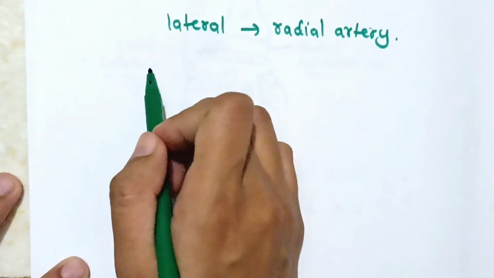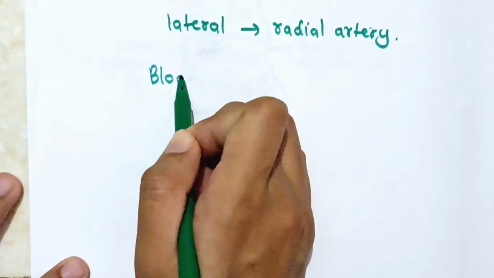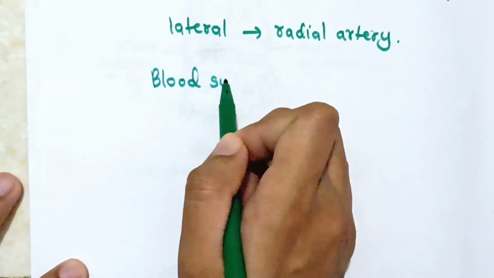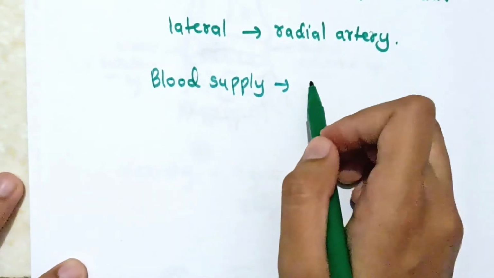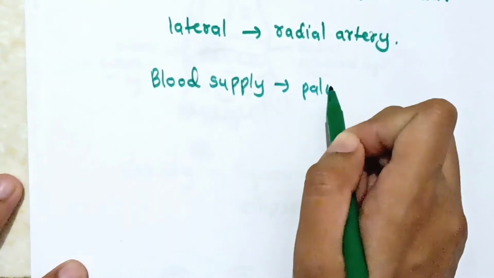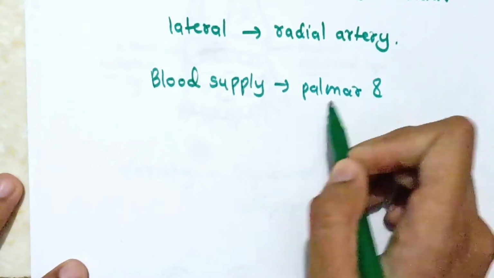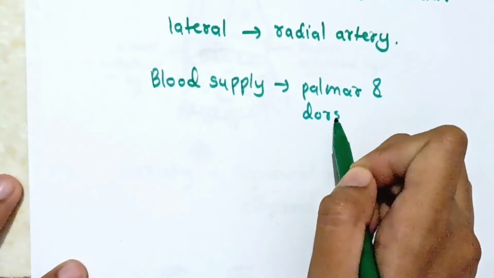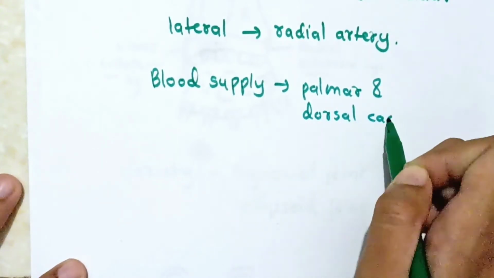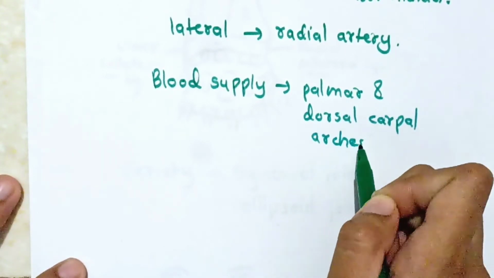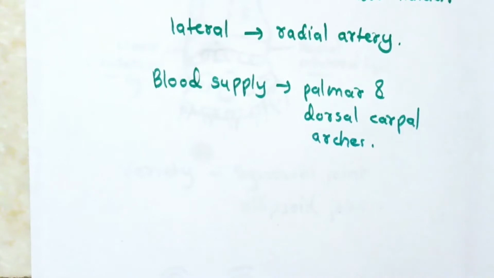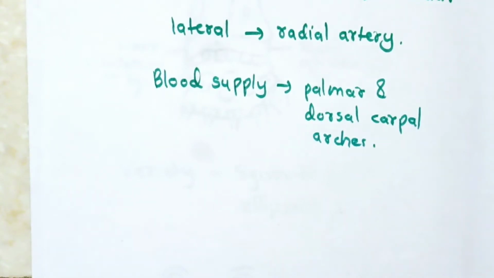Now let's talk about the blood supply. So the blood supply is by the palmar and dorsal carpal arches. So it is basically the anastomosis between radial and ulnar and median.